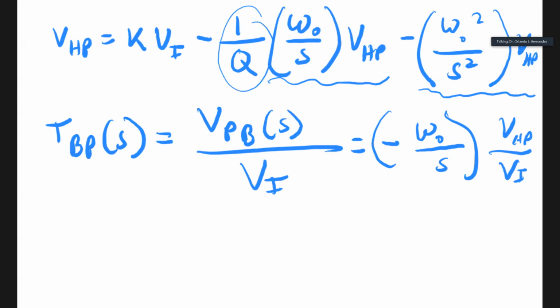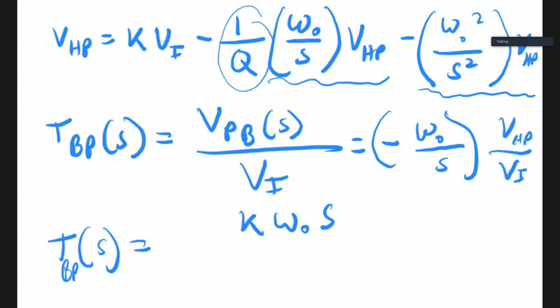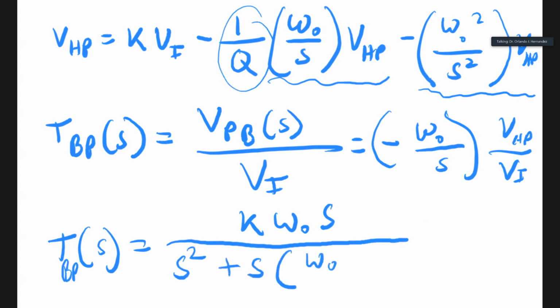And then if I further manipulate that expression, I end up with a single zero that gives me that bandpass behavior and also the cutoff frequencies. My poles don't change. What have changed are the zeros.